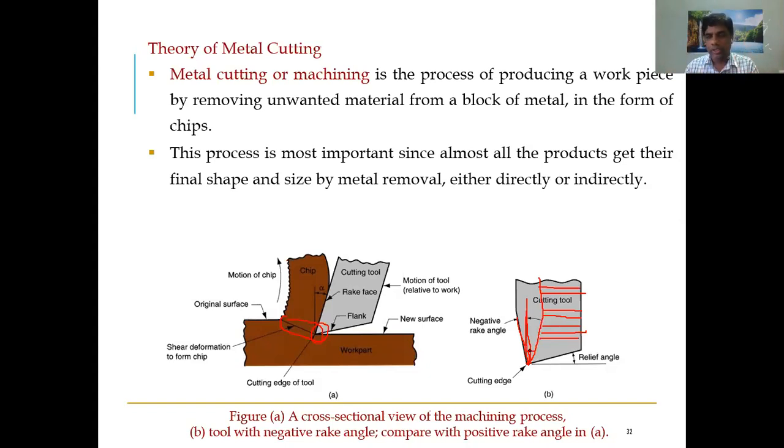Opposite, with a positive rake angle the cutting tool is weaker compared with negative rake angle because the cross-sectional area is decreasing, but the force you need to apply to cut the material is less. So negative rake angle: cutting force is more, but the tool is stronger. Positive rake angle: cutting force is less, but the strength of the tool is also less. These are the differences between positive and negative rake angle.